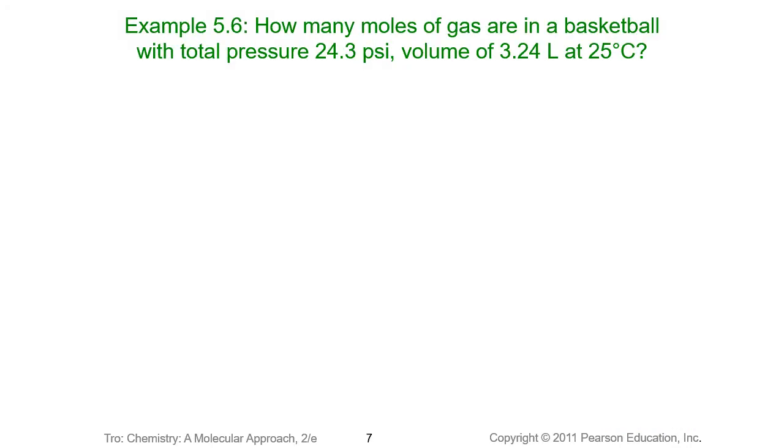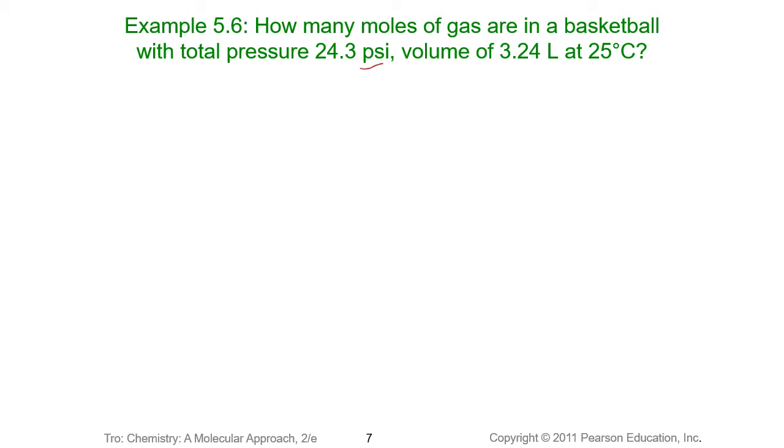So let's look at an example. How many moles of gas are in a basketball if we've got a total pressure of 24.3 psi, a volume of 3.4 liters, and a temperature of 25 degrees Celsius? Well, if we look at our units, we can see that we are going to have to do some conversions. What units need to be converted?